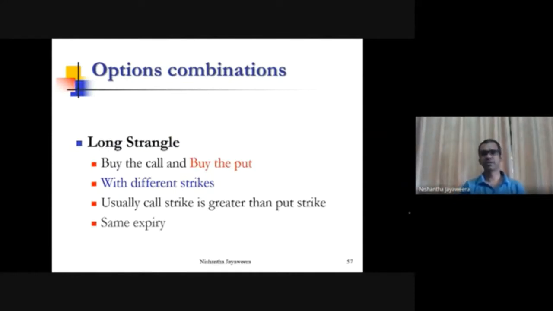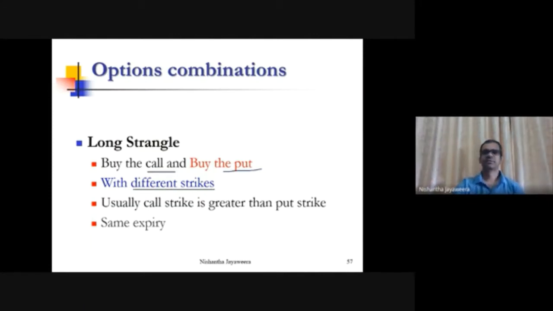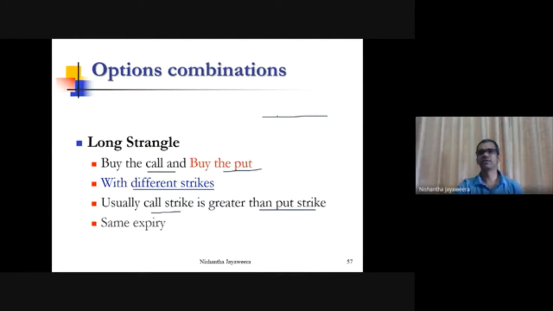Then the long strangle: as I mentioned, you buy the call and the put, but with different strikes. Usually the call strike is greater than the put strike. You may remember I drew that line, x1, x2, and I said you buy the put here and you buy the call here.